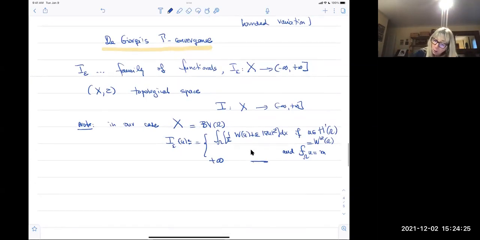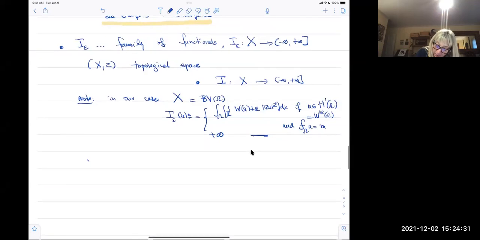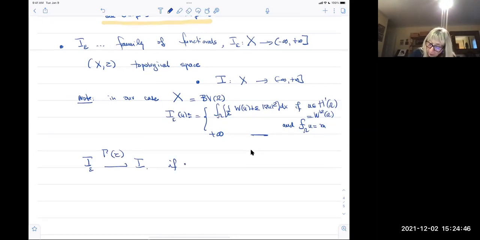Okay, so you have I epsilon and you have I, and now when do we say that I epsilon gamma converges with respect to tau to I, and when tau is obvious, you don't write tau, if the following hold.